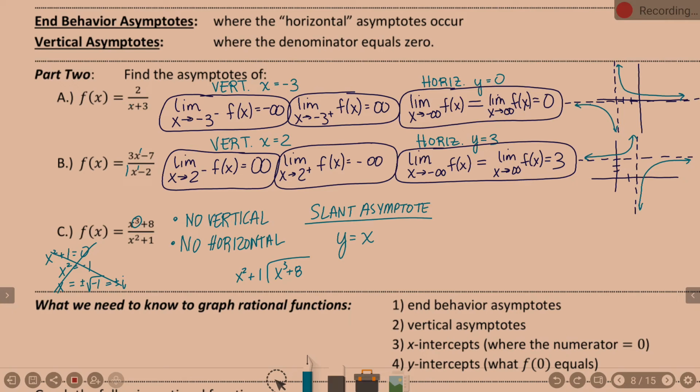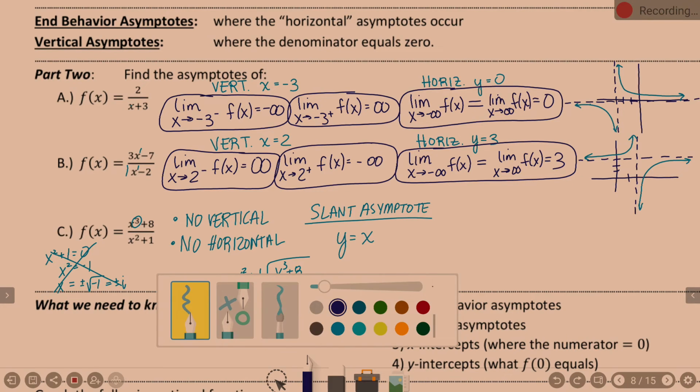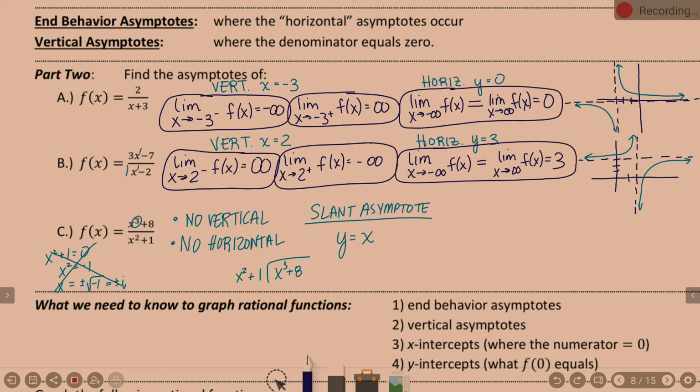Now, this still falls into the horizontal section. Horizontal asymptotes and slant asymptotes both fall into end behavior. So I'm still going to write the limit just like we did with horizontal.